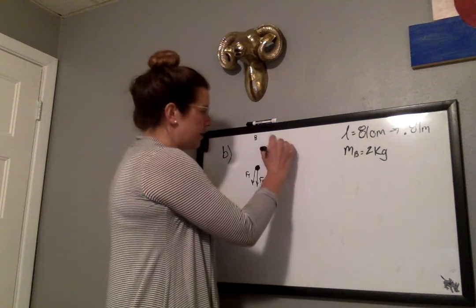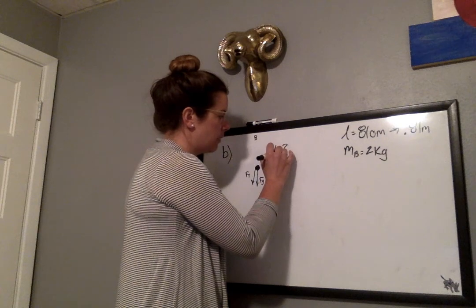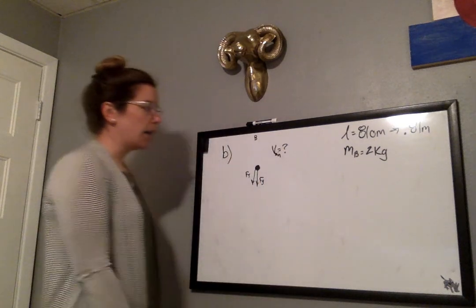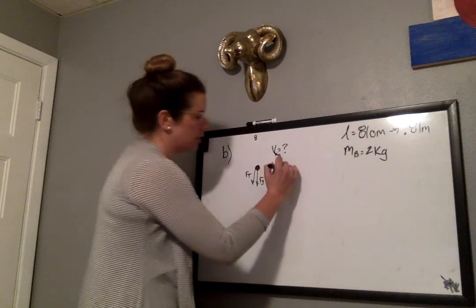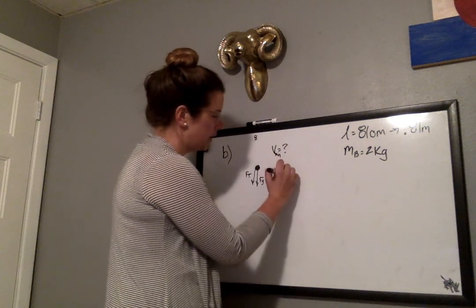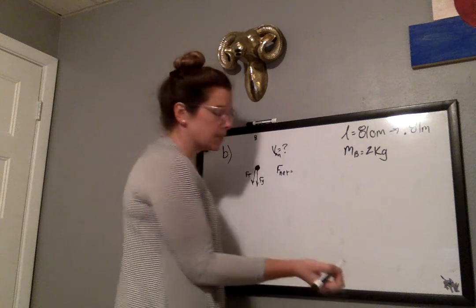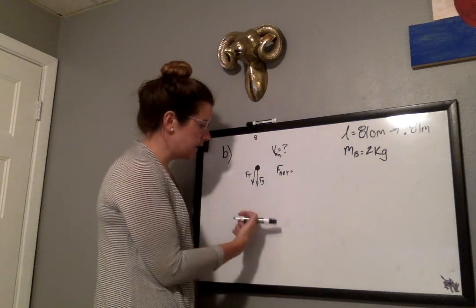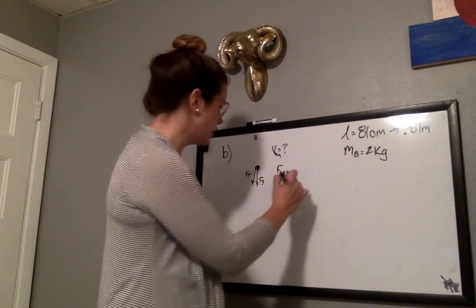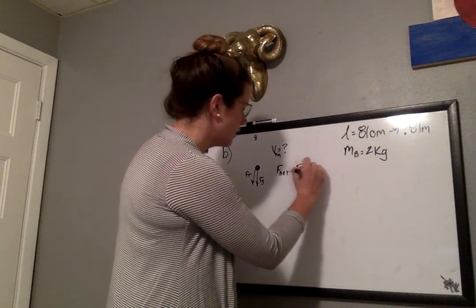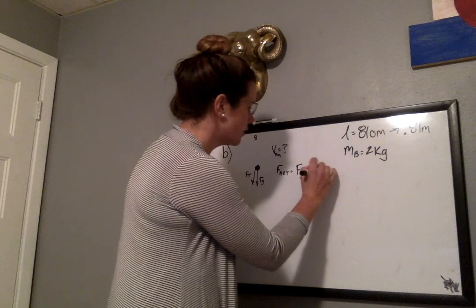We need to find the minimum velocity that it can have without leaving the circle. So in this case, Newton's second law says net force is equal to the sum of all the forces. What are the forces acting on this? Tension and gravity. They're both going in the same direction, so we don't need to change any of the signs. Force of gravity plus force of tension.